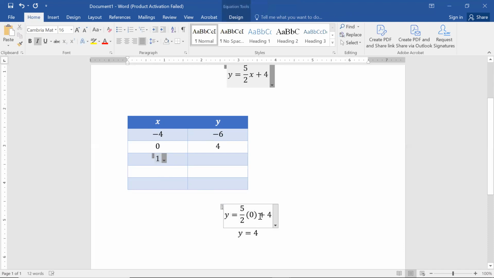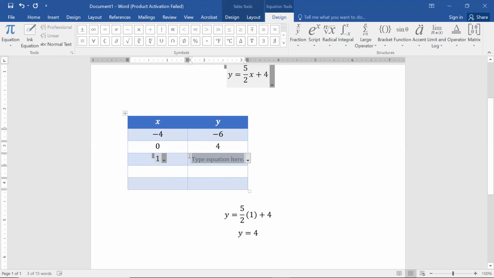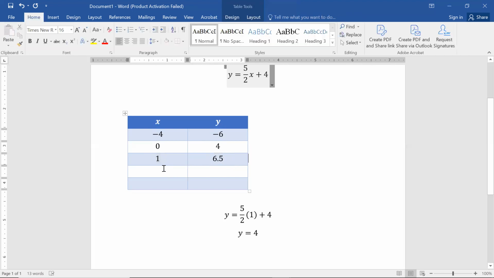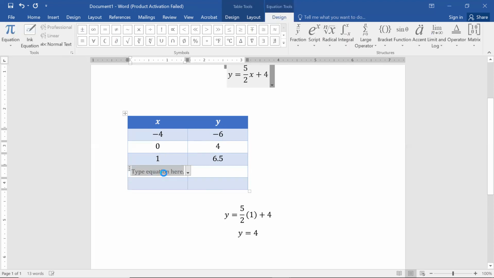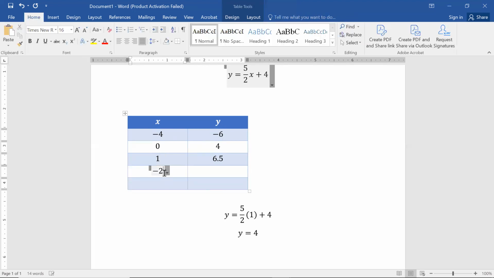If I plug in an x value of 1, 5/2 times 1 plus 4 gives me 6.5. Let's plug in a value of, let's say, -2. I've only done one negative so far.